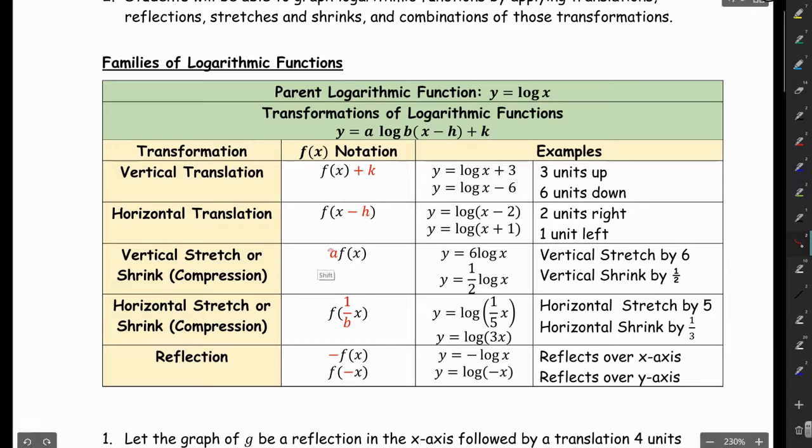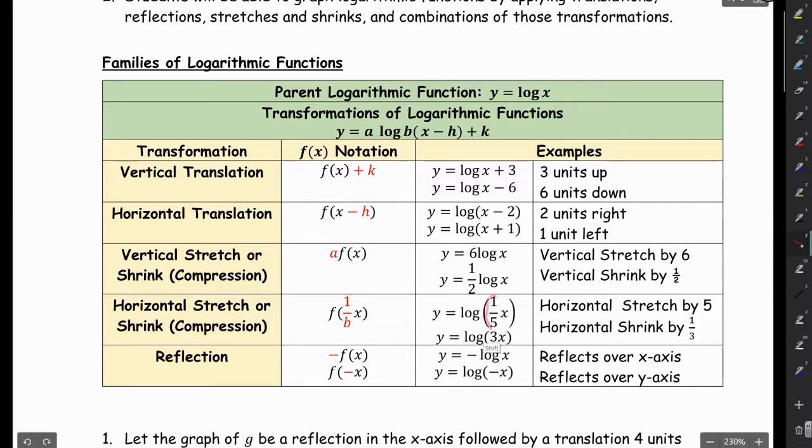If we have a value outside the function, it's a vertical stretch or shrink. It's a stretch if the value is greater than 1, like a 6, and it's a shrink if the value is between 0 and 1, such as a half. Now, if it's a horizontal stretch or shrink, we're going to have to think of it as 1 over the value.